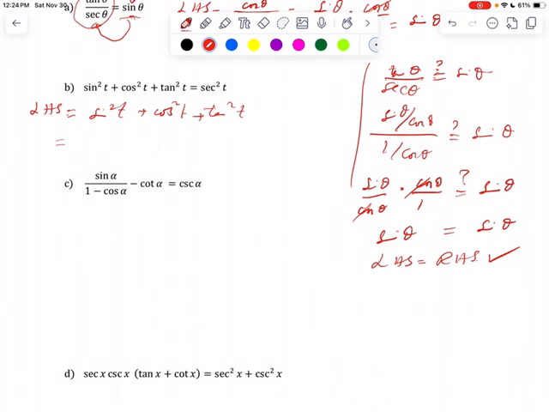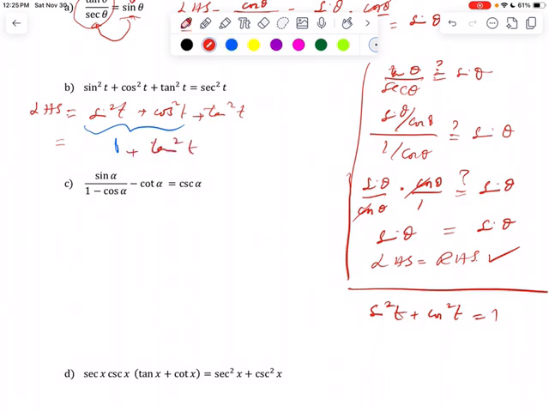So by memorizing the identities, I mean to say that we know that sine square t plus cosine square t is equal to 1. So I can replace this by 1. Okay, and then plus tangent square t.